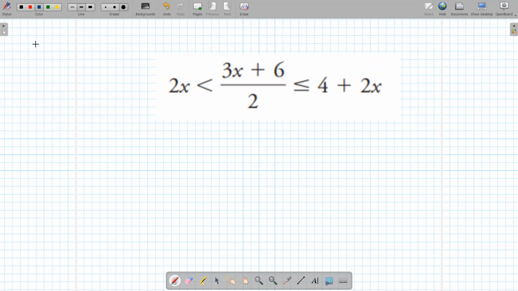Do you multiply by 2? That's perfect, exactly. So you get 4x, 3x plus 6, 4 plus, again, when you multiply by 2, you have to do it on both of these sides. It's going to become 8 plus 4x. What is next?